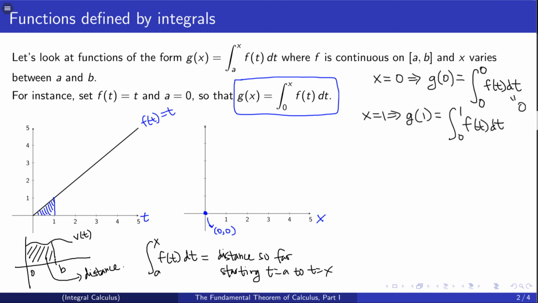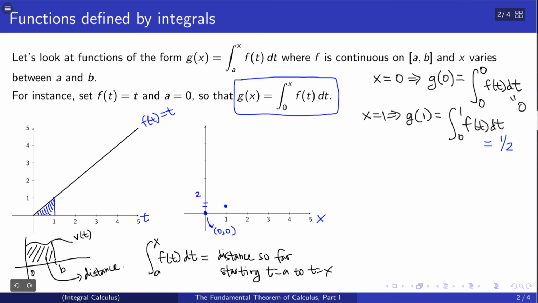And that area is equal to 1/2, right? It's a triangle with base 1 and height 1. So, well, I guess we need a scale here, so I'm going to set this to be 2. So this is 1, and this is 1/2. So the function value of g at x equals 1 is 1/2.